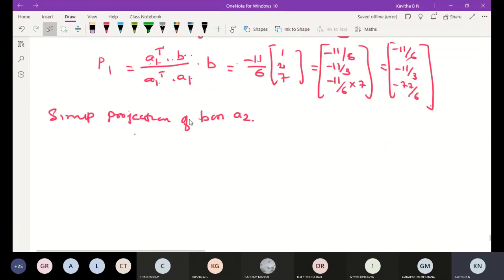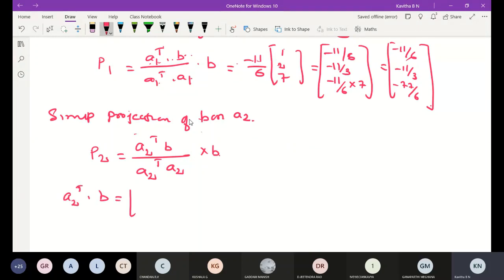Similarly, projection of B on A2, that means P2, is equal to A2 transpose B divided by A2 transpose A2, into B. A2 transpose B: A2 is 1, minus 1, 4 and B is 1, 2, 7.